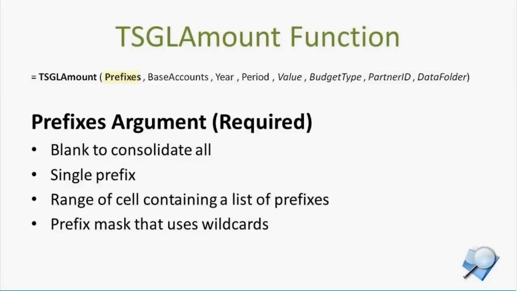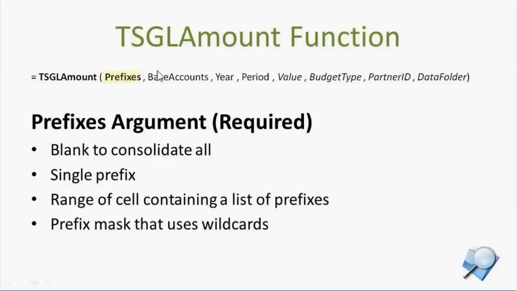It knows to roll back one period for 10 and 0 periods for company 22 if I'm asking for April. So it navigates that correctly. But the main point here is that blank is going to consolidate all of your companies.